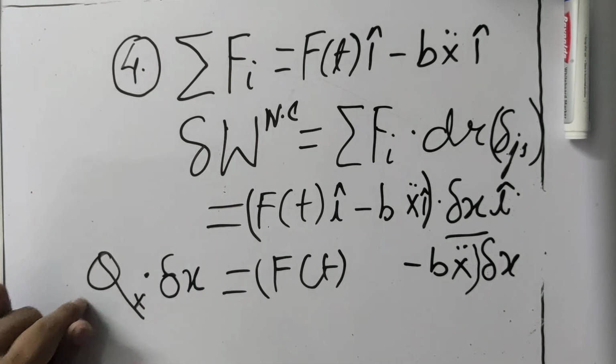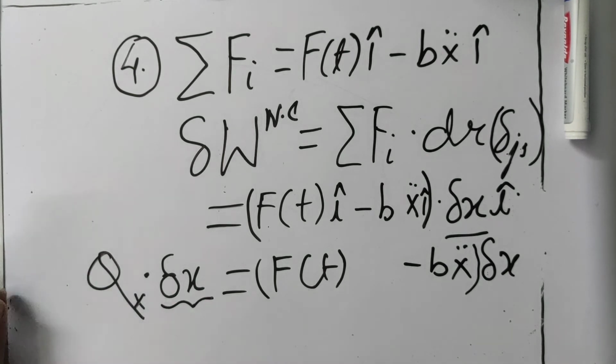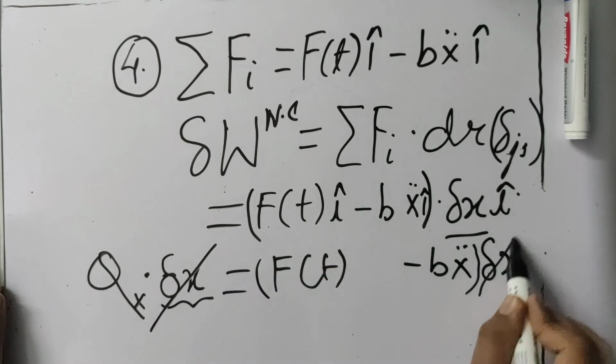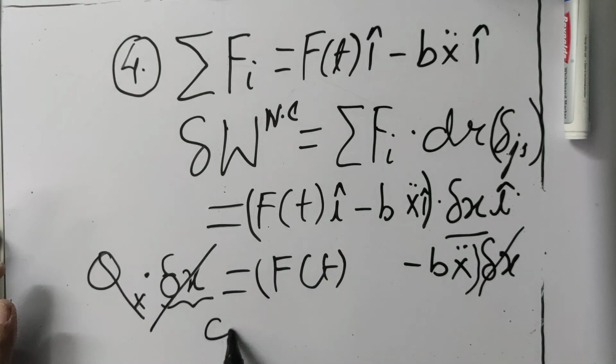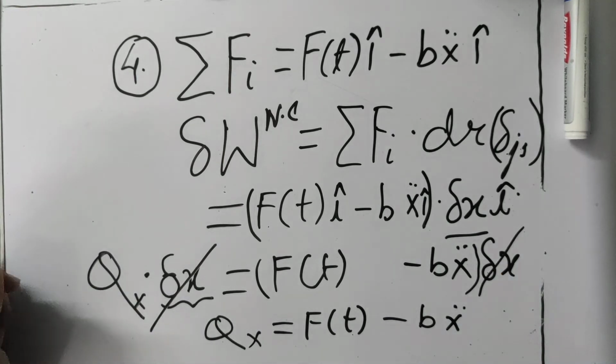This Qx is the total non-conservative force which is acting along this virtual work done. So now you just cancel these del x's on both sides. You get your Qx, your RHS, as equal to f of t minus bx double dot. This is your Qx.